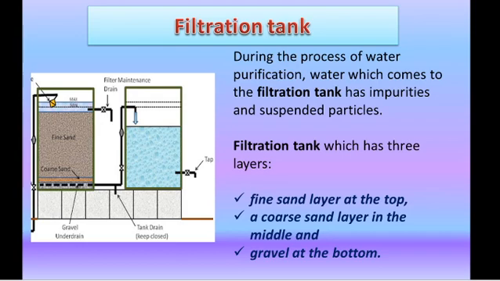In the filtration tank, there are 3 layers. The fine sand layer at the top, the coarse sand layer in the middle, and the gravel, that is tiny stones, at the bottom. These 3 layers act as filters. When water passes through these 3 layers made up of sand and gravel, the suspended particles, even the very small suspended particles, get removed.